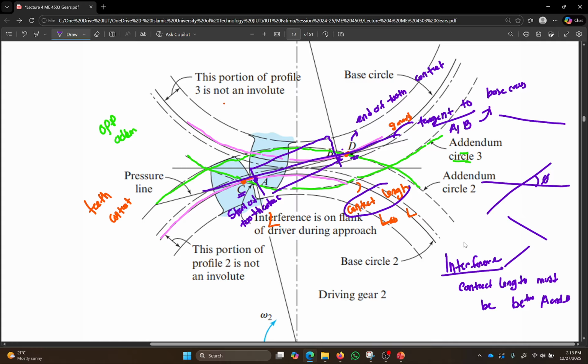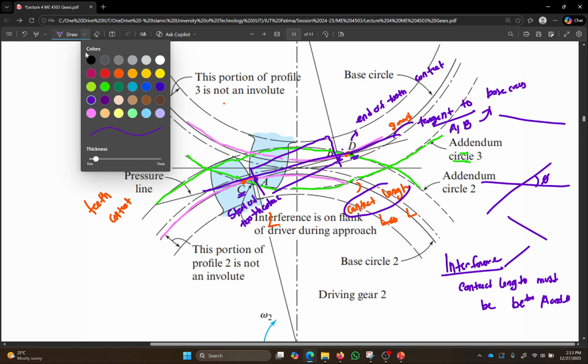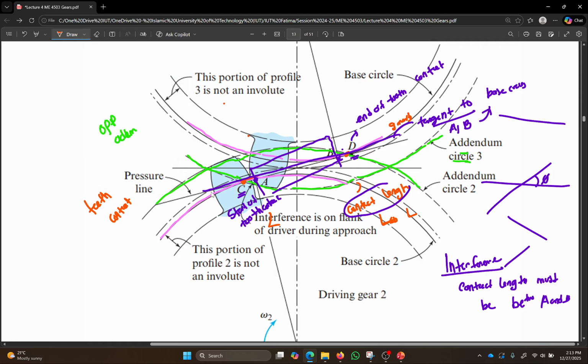Now, what is interference? So as you see, this is your teeth, and I told you your teeth has an involute portion and a non-involute portion. So the involute portion starts from the base circle. This section is the involute portion. This region is the involute portion of the other teeth.